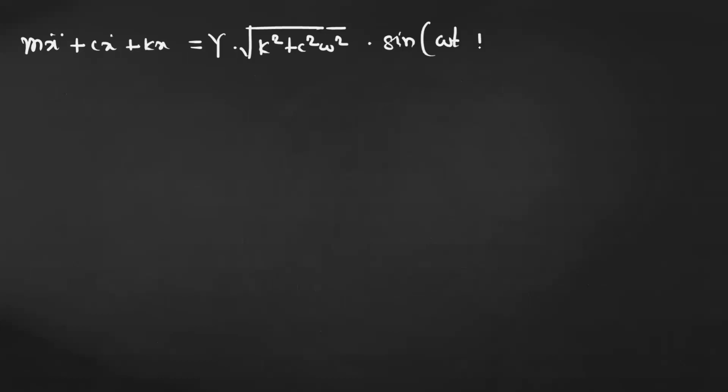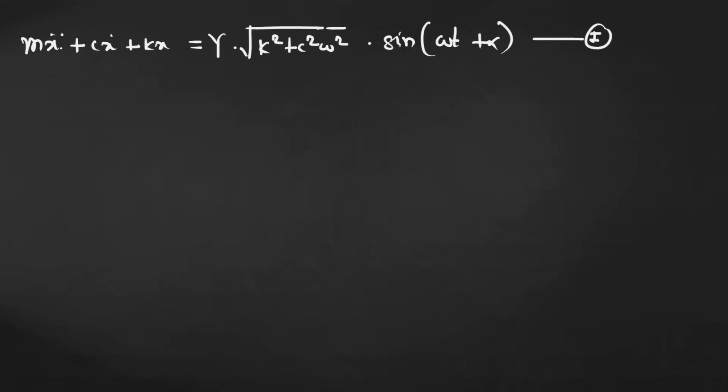So the equation will be m x double dot plus c x dot plus k x, this is equal to capital Y into square root of K square plus C square omega square into sin(omega t plus alpha). Okay. So you can take this equation as equation 1.